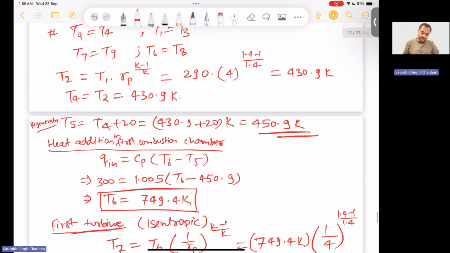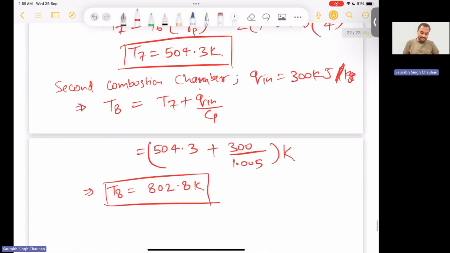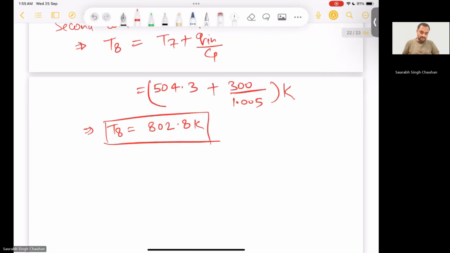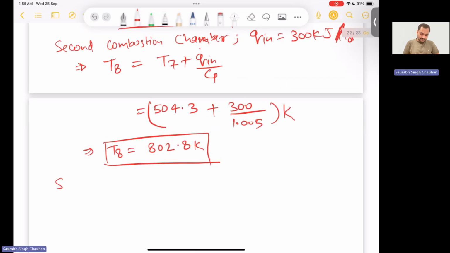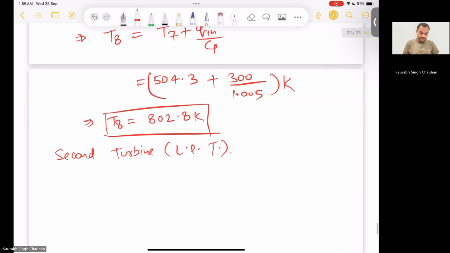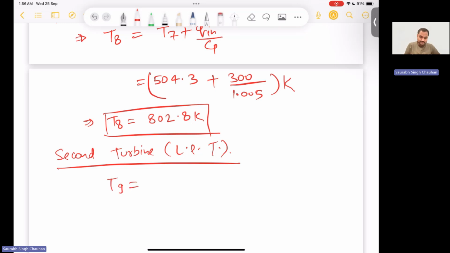So gradually we are getting the values at all the points. Now after the second combustion chamber, you have the second turbine, or the low pressure turbine. In the second turbine, the process will be isentropic expansion, so from the adiabatic relation you have T9 equal to T8 into (1 by Rp) to the power (k minus 1) by k.